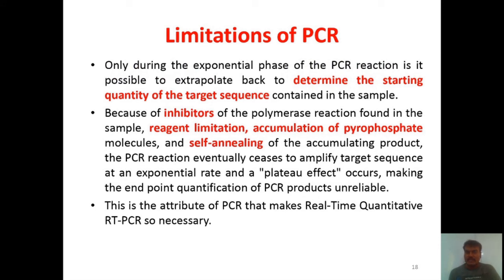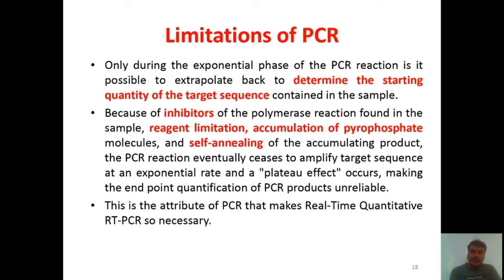For example, only in the exponential phase can you calculate how much DNA you originally added to the sample. As you know, PCR is used for quantitative purposes, so only in the exponential phase can you quantify the amount of DNA originally present in your sample.